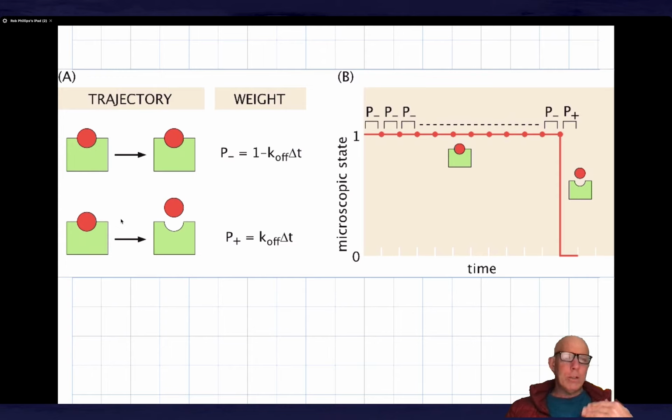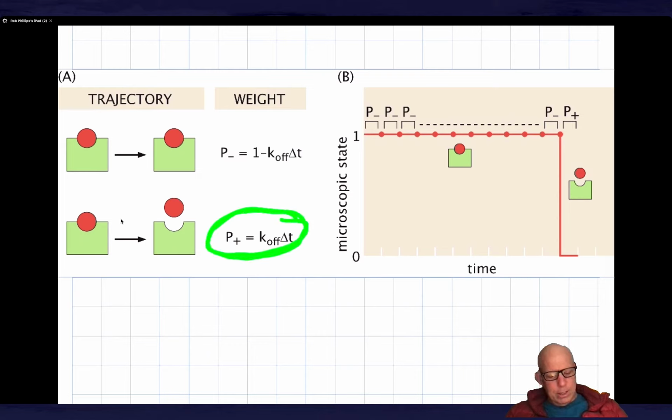All of those are going to be described by the same basic kinetic scheme, which is every instant, either the system stays quiescent, it does nothing, or it makes the transition. And what I'm trying to highlight here is that the probability of making the transition is given by this. It's k off times delta t. In this case, I'm talking about a ligand falling off the receptor. So the probability of that happening in a time delta t is k off delta t.